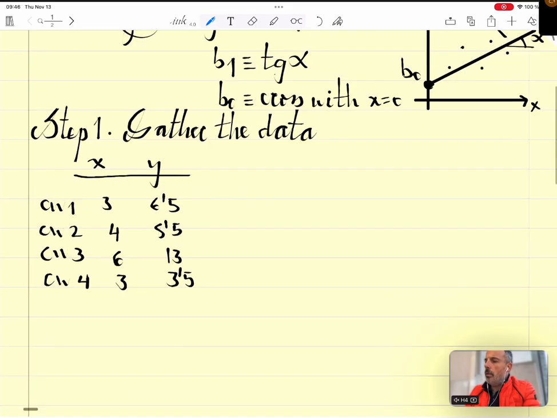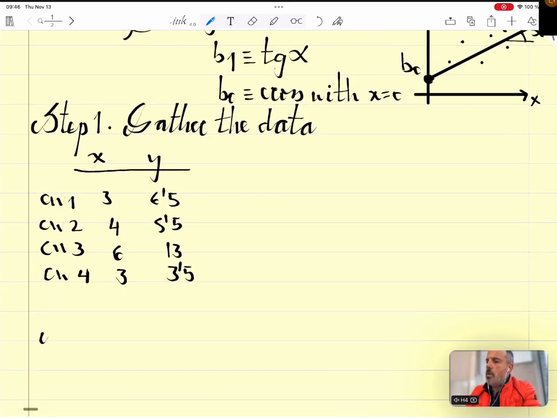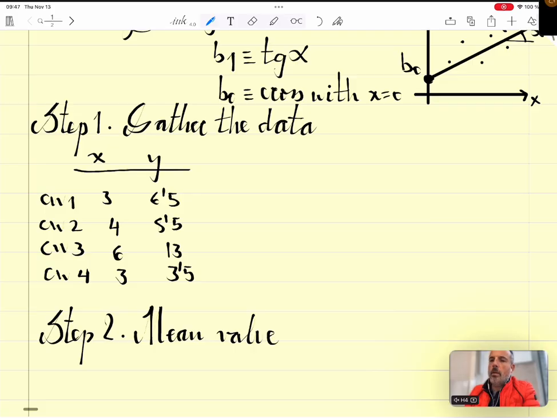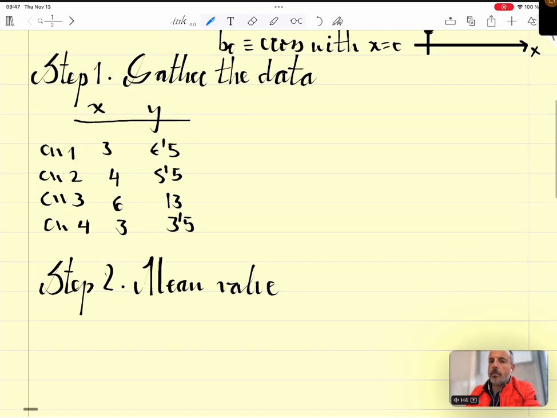below in the graphic. So step 2 is to calculate the mean value of the x variables and of the y variables.